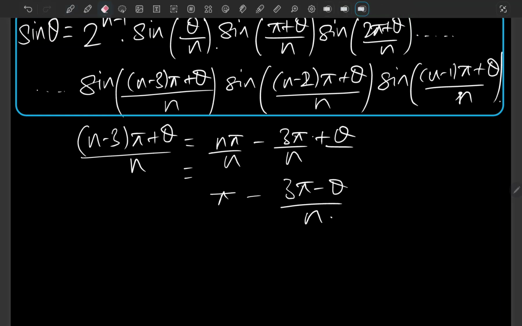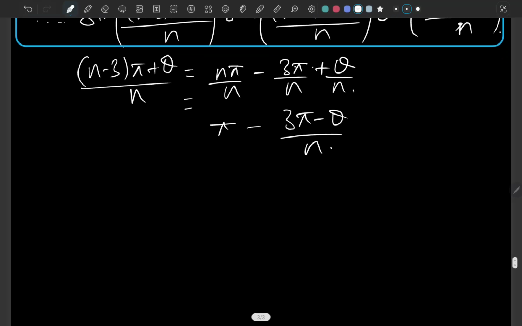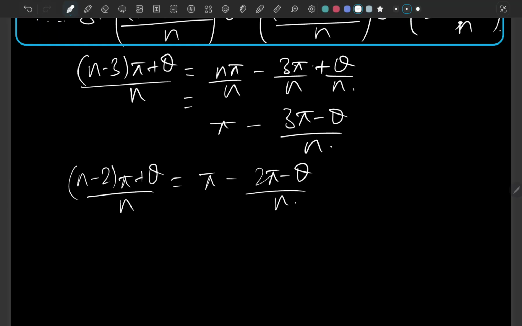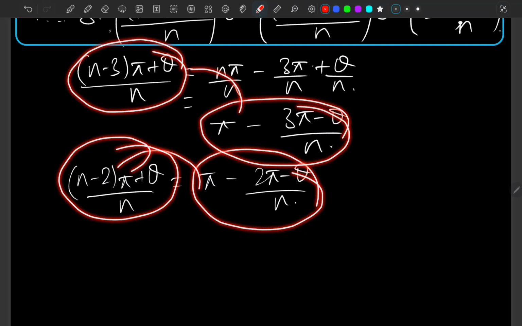Oh, I'm sorry, it's n here. And if we talk about n minus 2 pi plus theta over n, that can be replaced with pi minus 2 pi minus theta over n. Eventually when you solve these things, you're going to have this one.